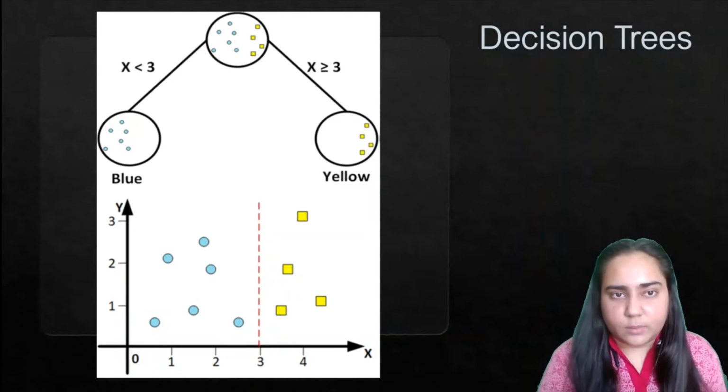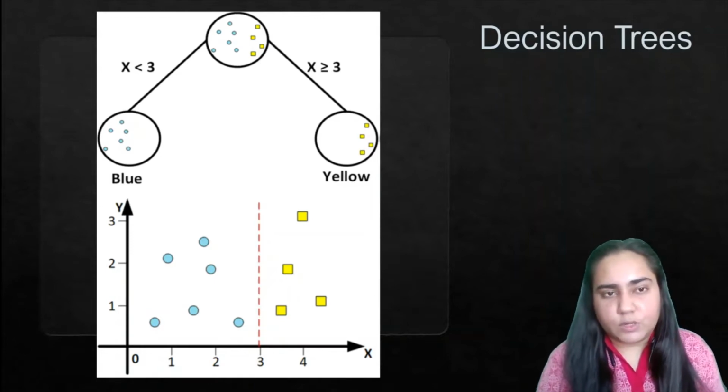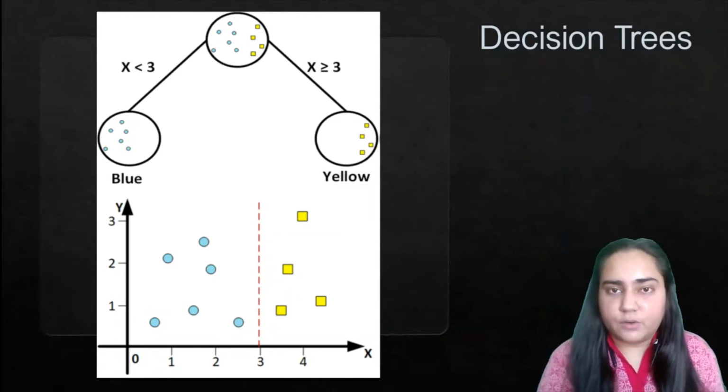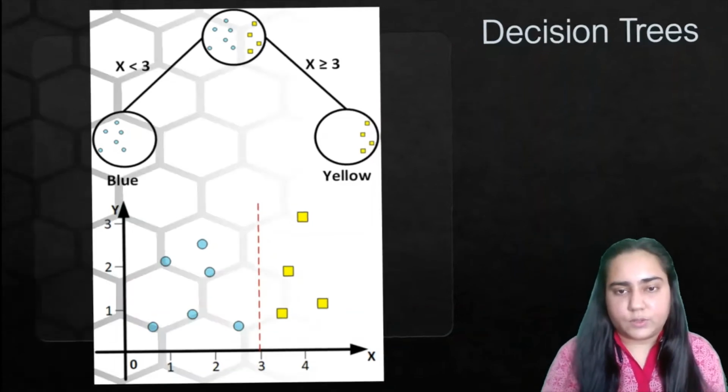You can decide if it is equal to 3, whether it should be blue or yellow. So this was a very simple way to create a decision tree. It's basically just defining rules that can help you to classify your data, or rather to form clusters. If you want to form clusters, you can use decision trees and just create rules and form those clusters.